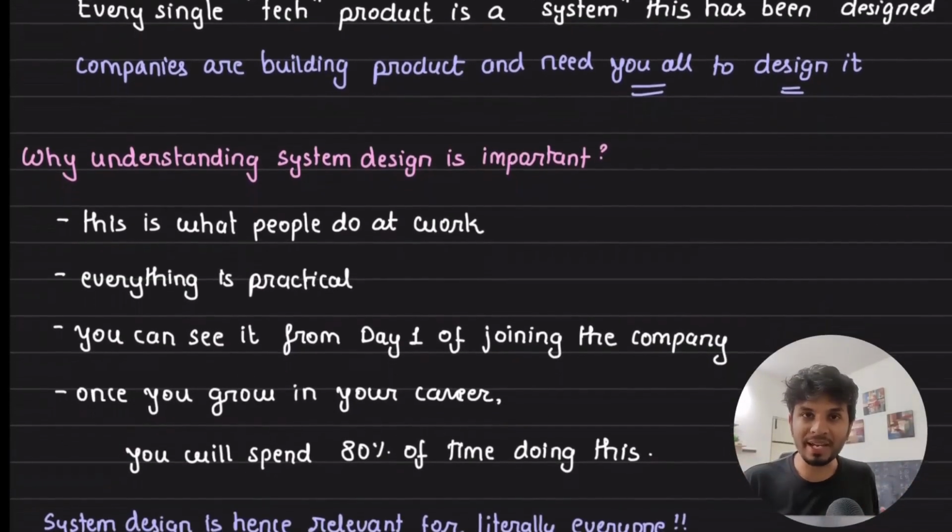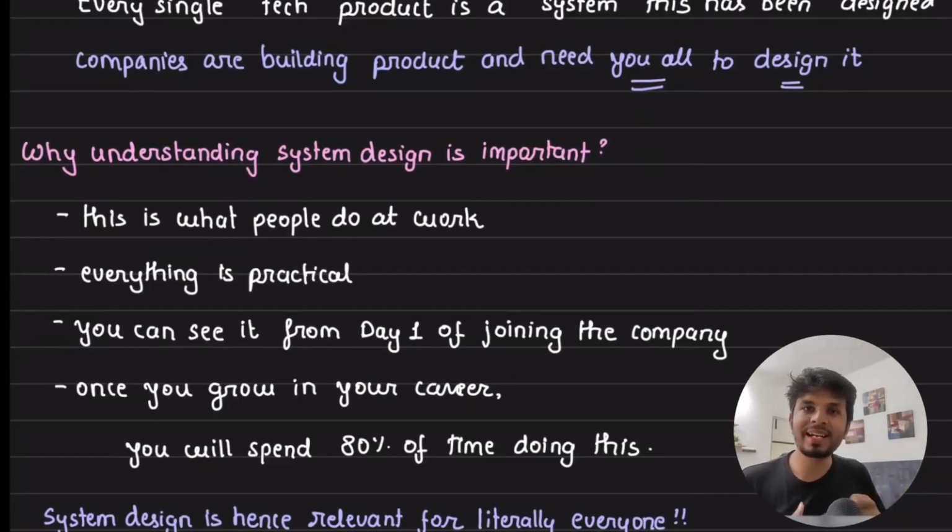That is why it is really important to understand system design. First point, because this is what people do at work. Engineers, product managers, this is what we are supposed to do when we join a particular organization. We are there to build products. We are there to solve problems using real world things like databases, caches, CDNs, servers, compute, encryption, decryption, whatnot.